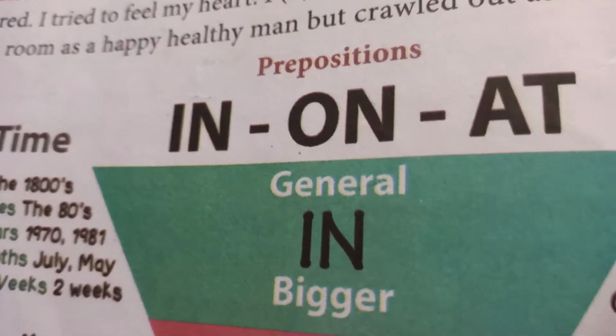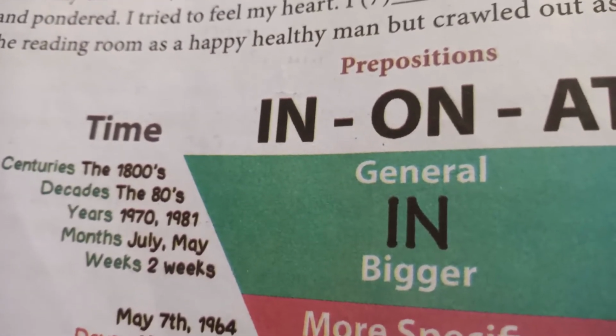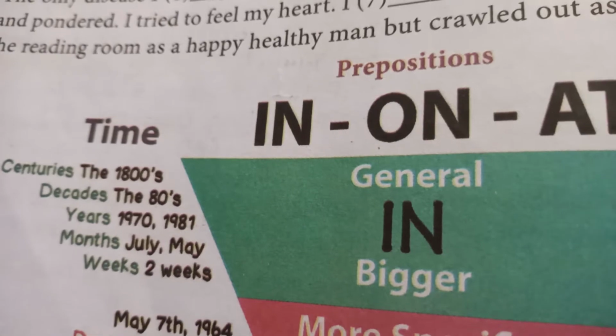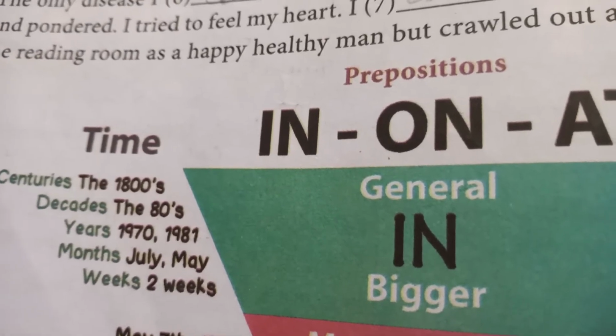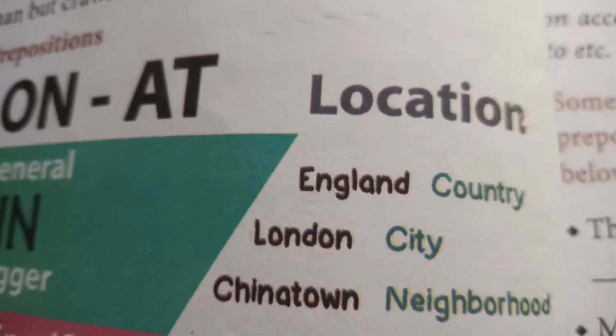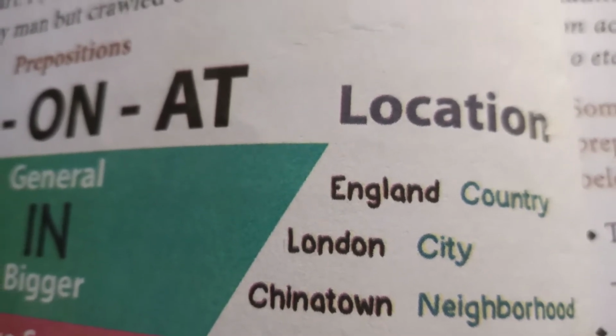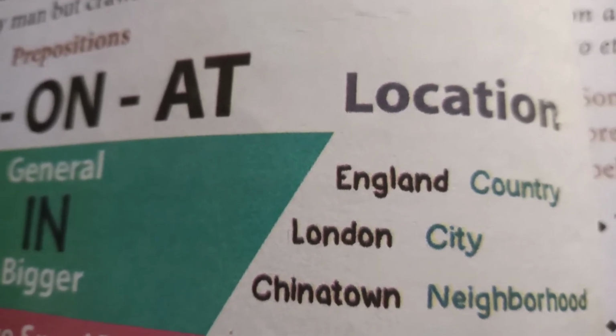So for example, see here, in we use for time, that is centuries, decades, years, months, weeks. In we use for location like country, England, London, neighborhood like Chinatown or Trichy we can use here.